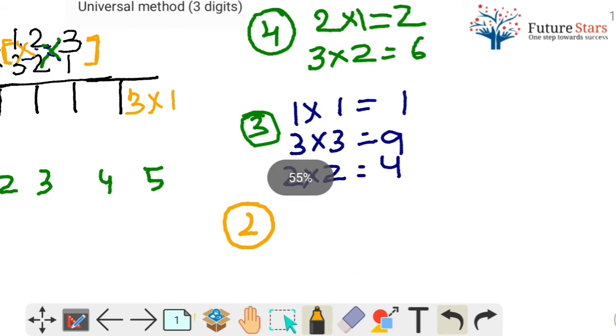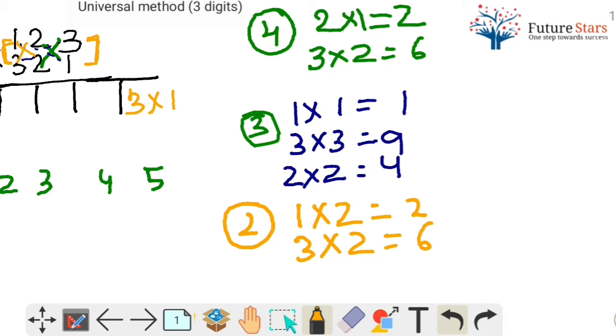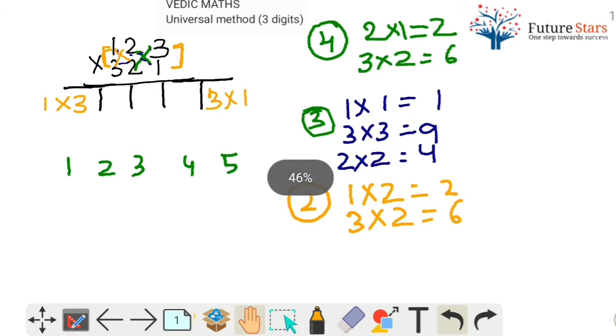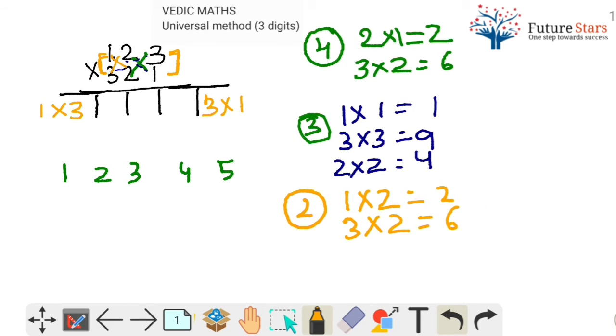So we will write it down. 1 into 2 is equals to 2 and 3 into 2 is equals to 6. Now you have to add the numbers of respective blocks. Here, if you add these numbers you will get 8. If you add all these numbers you will get 14. If you add all these numbers you will get again 8. Write these numbers in the respective blocks.